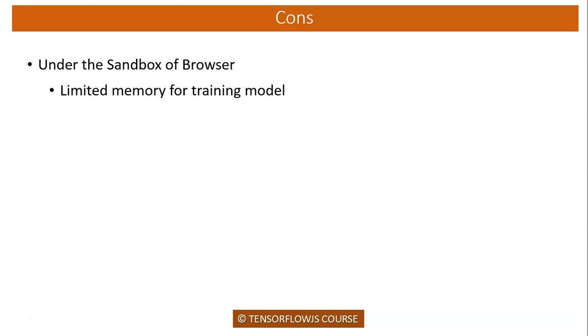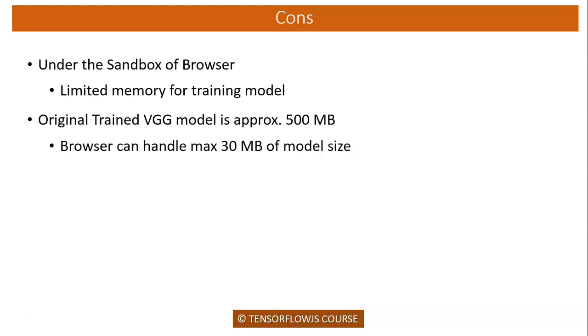Due to the limitation of memory, you cannot run all those things. The original trained VGG model is approximately 500 MB, but we have limited memory available. The browser can handle a maximum of 30 megabytes of model size. So you just cannot import the 500 megabyte pre-trained VGG model.